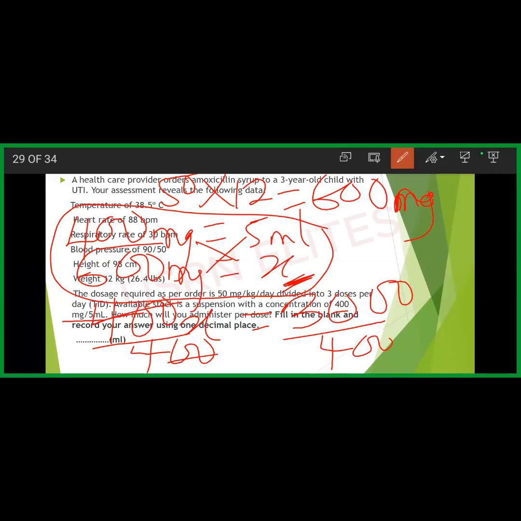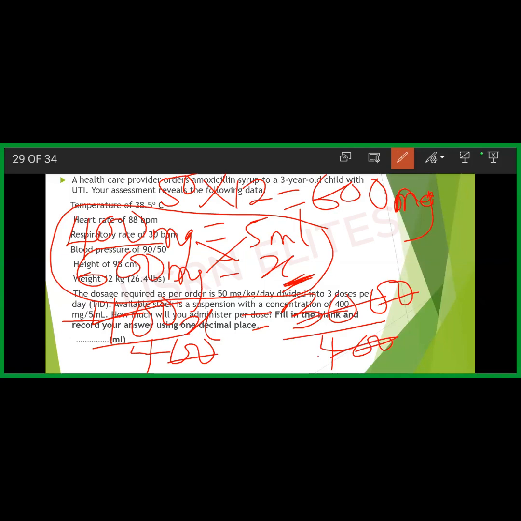You get 7.5. Was that what everyone had? Oh, okay. No, the answer was 2.5 mils. So the 7.5 now is in 3 doses, TDS. So it means in a day, you're supposed to get 7.5.